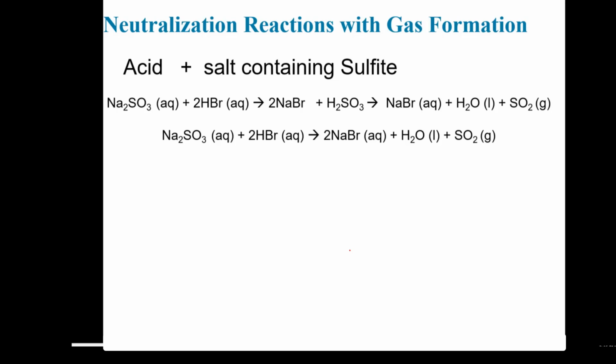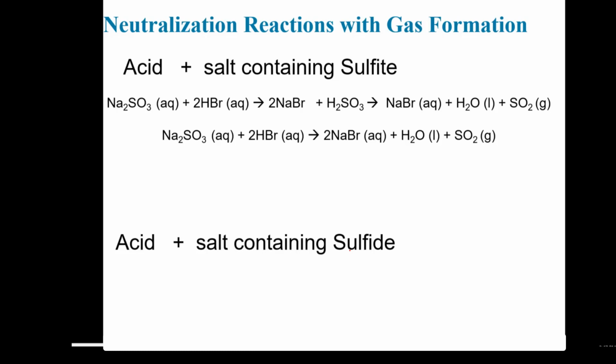This H2SO3 is going to decompose into water plus SO2 gas. And we'll have the sodium bromide in our reaction, so the overall reaction is sodium sulfite reacts with 2 hydrobromic acid molecules to form 2 sodium bromide molecules, water, and sulfur dioxide.